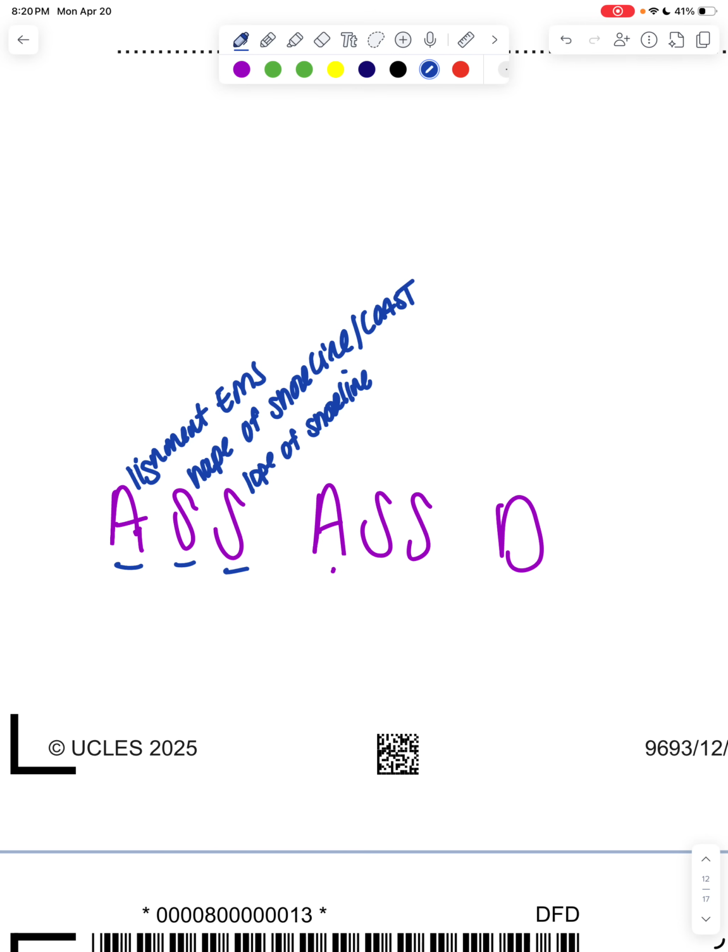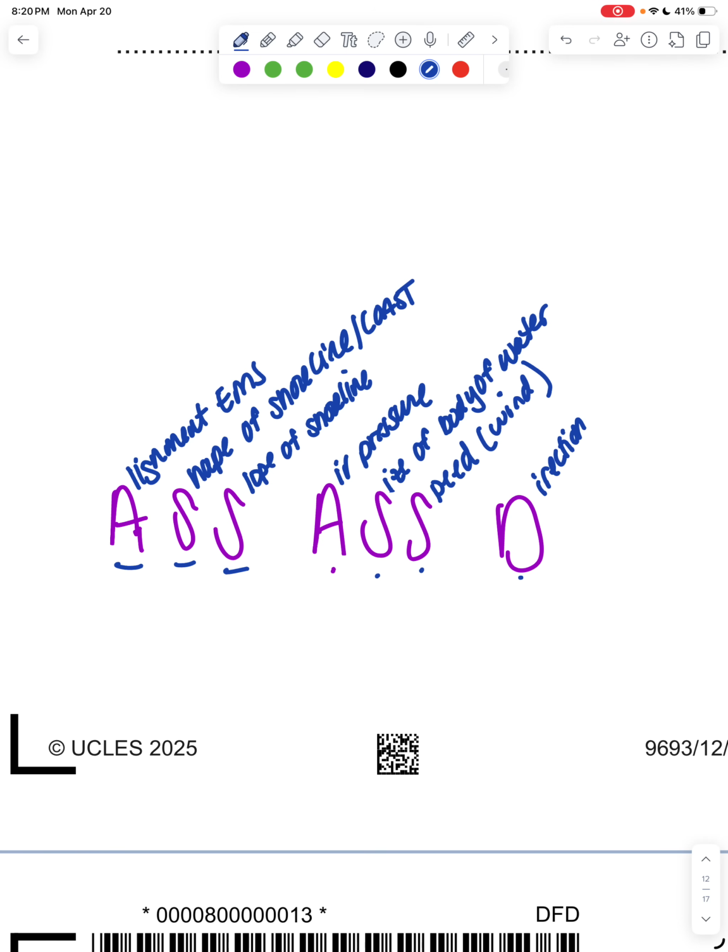Here's air pressure. One of these S's is the size of the body of water being influenced by the tides. Is it like a sea or is it an ocean? And then this is going to be the speed of the wind. And this is direction of the wind.